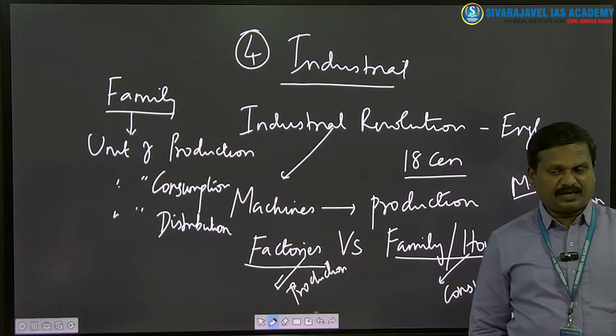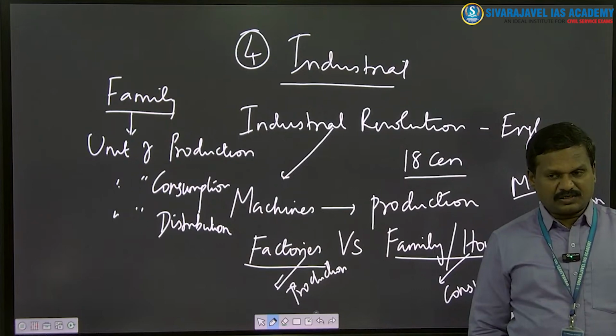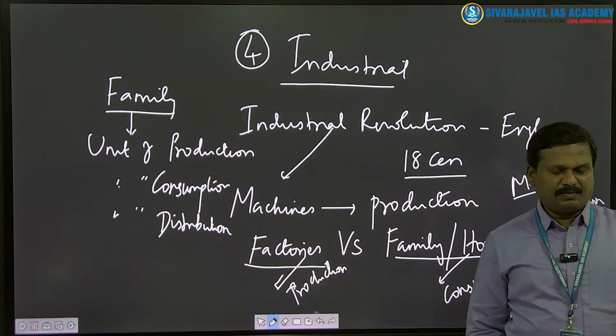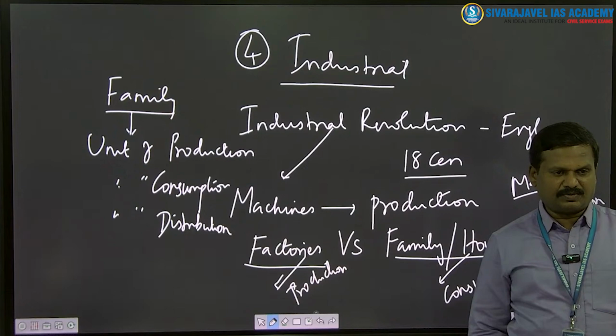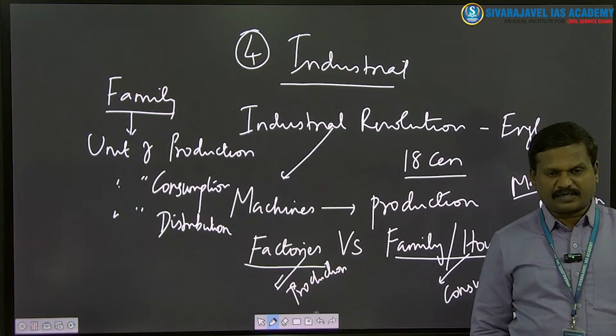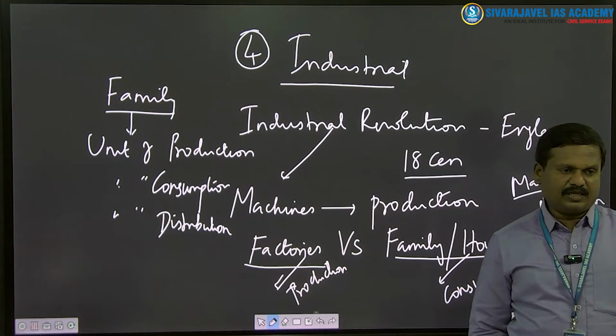All the three happened in the family before, but now for production there is a factory. People are not making products with their hand. Factories are there where machines are kept which will produce the products, and there is a marketplace where distribution of the products happens, and family will be only the unit of consumption.